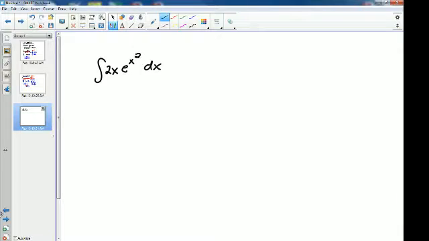See something on that problem that has to do with derivative. Set u equals.